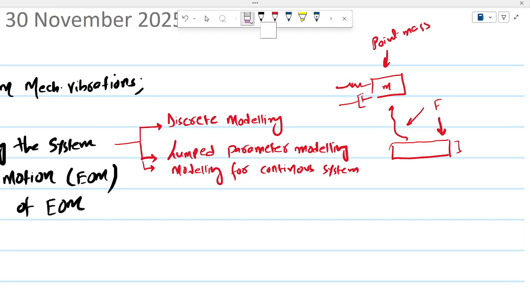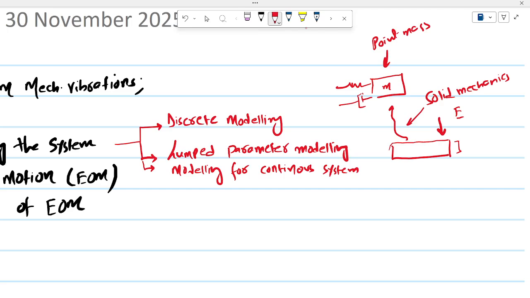We import the properties of the beam, such as its elasticity, stiffness, mass and momentum, employing the theories of solid mechanics directly into the discrete model system.